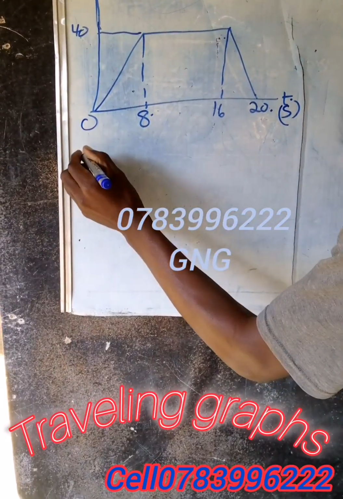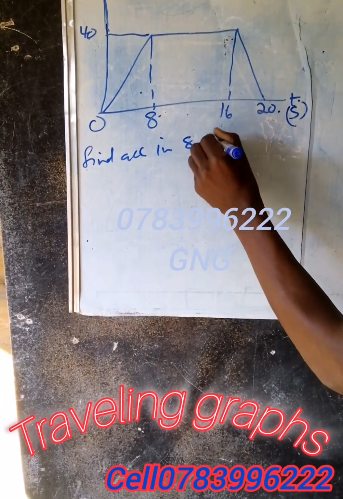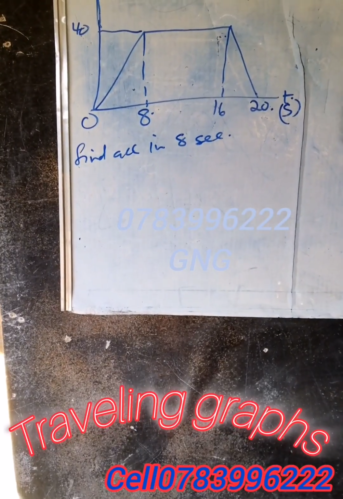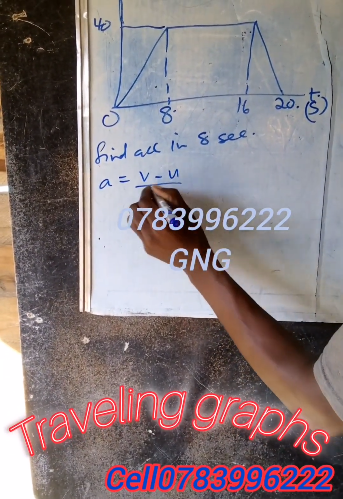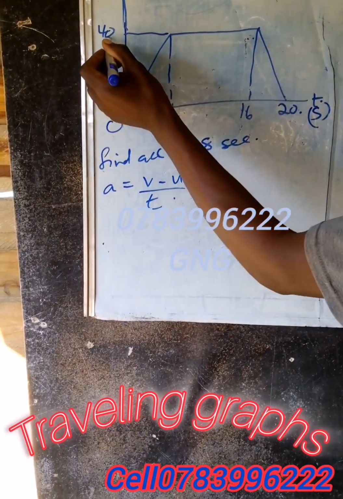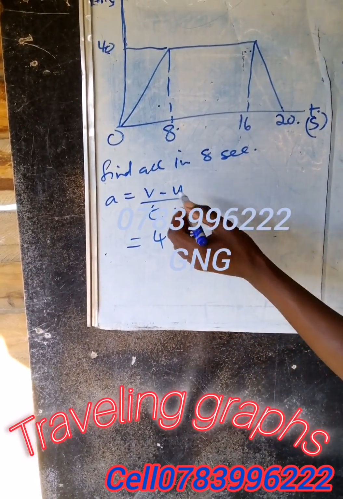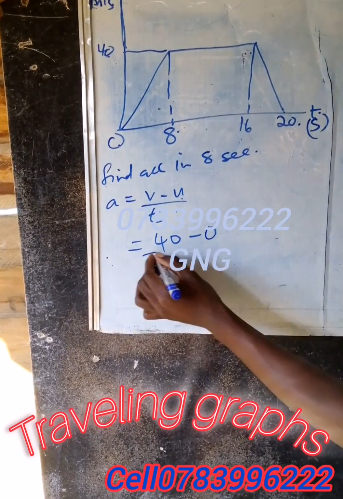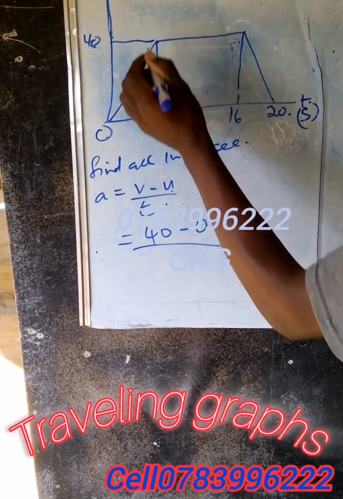The first question: find acceleration in 8 seconds, right? Acceleration, we say a is equal to v minus u over t, where 40 is our v, 40 minus 0, and 0 is our u, our initial velocity, and 8 is the time taken to reach 40.